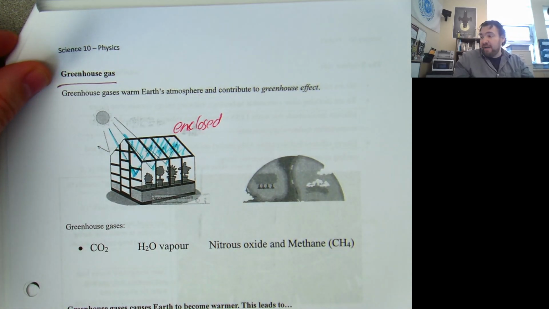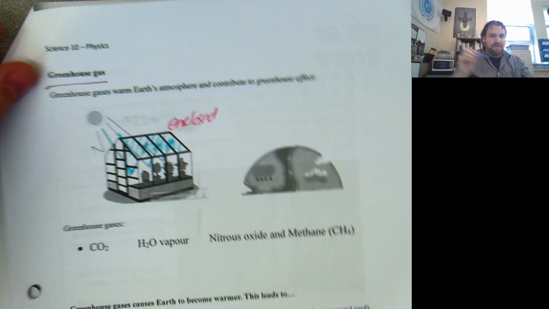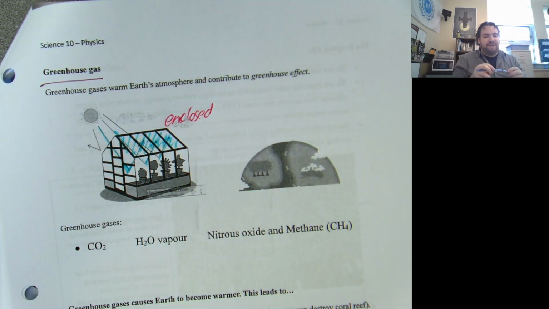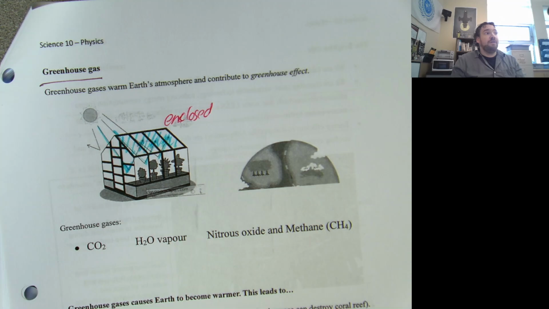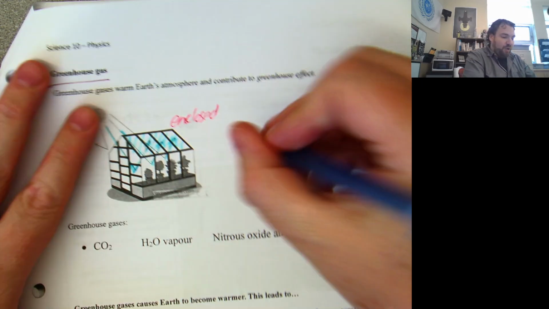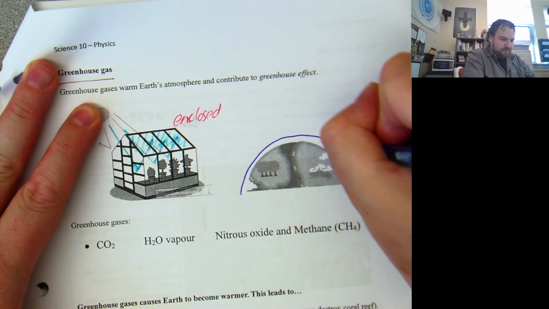The same is true of our atmosphere. Earth is also an enclosed space. It's a sphere. Anyone who wants to talk about a flat Earth, we can do it later. It's not true. Earth is a sphere, and over top of that sphere, we've got our atmosphere.